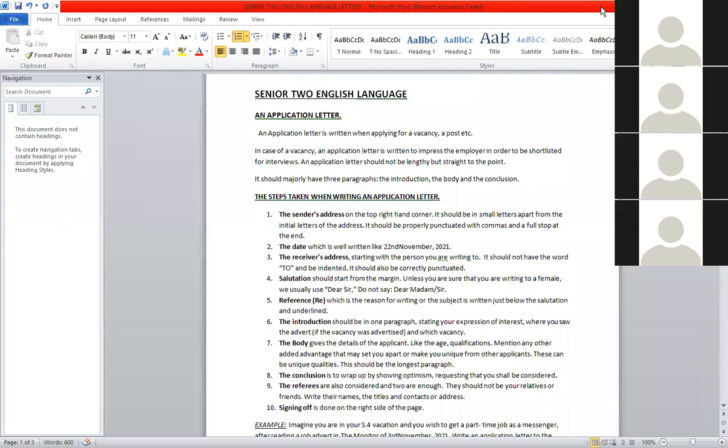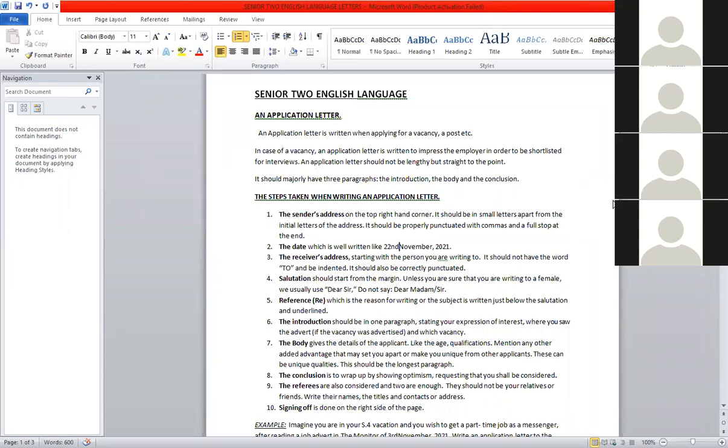Okay, so for the referees, we write the name of the person, the post, and then the address or even the telephone number, or the email address. Anything you can avail on your paper. What matters is, do you have the name, the post, and then one of the sources through which that person can be reached just in case.